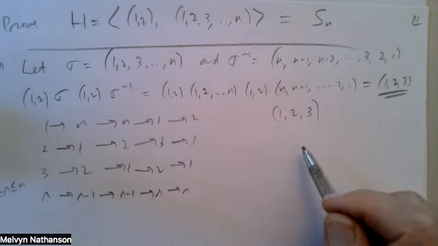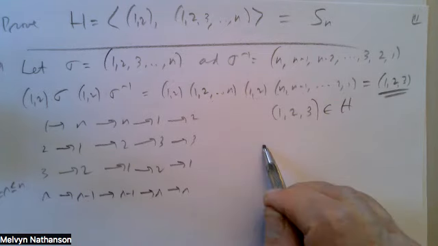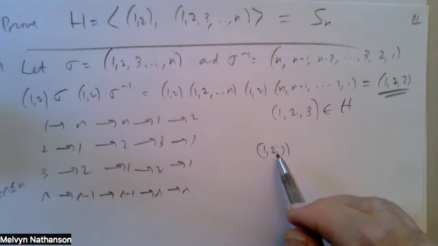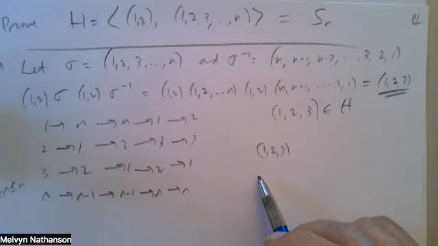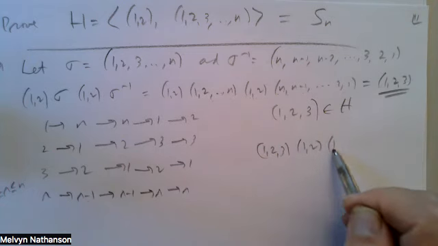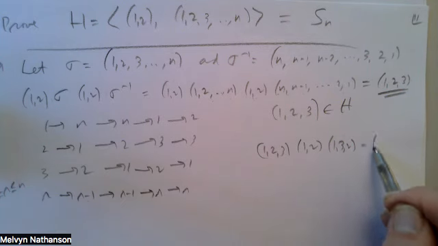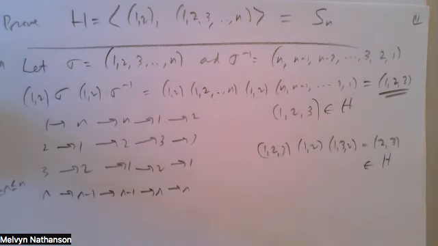We have (1 2 3) is in H. But then before, in the previous part of this problem, we saw that (1 2 3) times (1 2) times (1 3 2) is equal to (2 3). So the transposition (2 3) is in H.